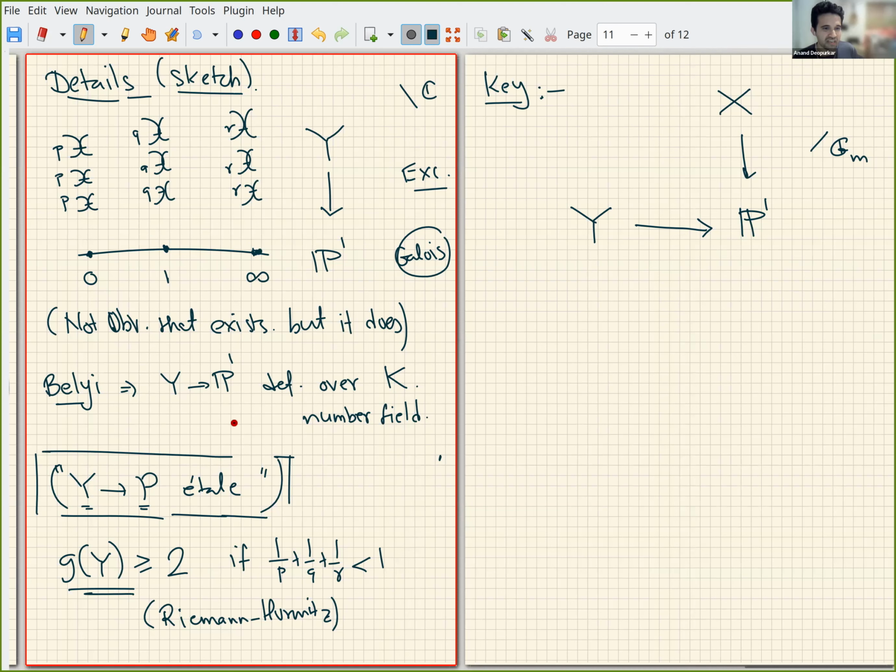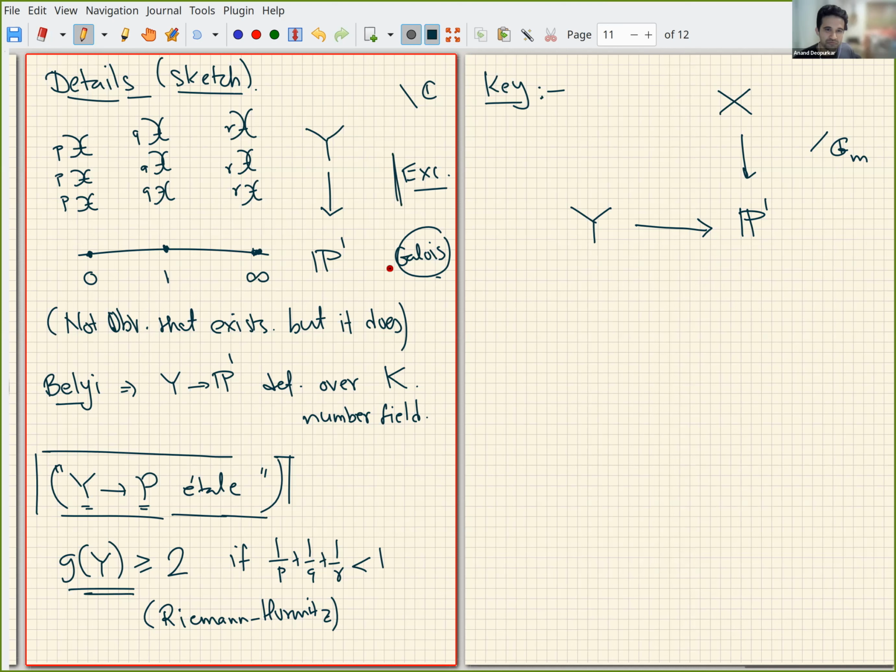Yeah, but you still have to prove that there is such a Galois cover, right? I think a Galois cover needs some extra subgroup of the triangle group. Normal subgroups of the triangle group correspond to Galois covers.